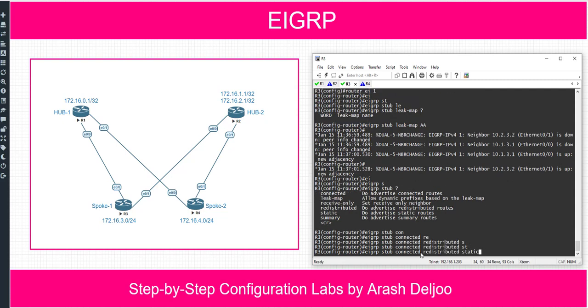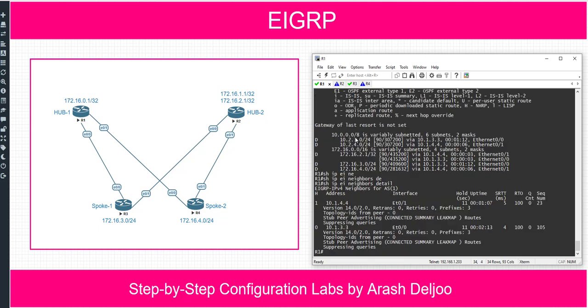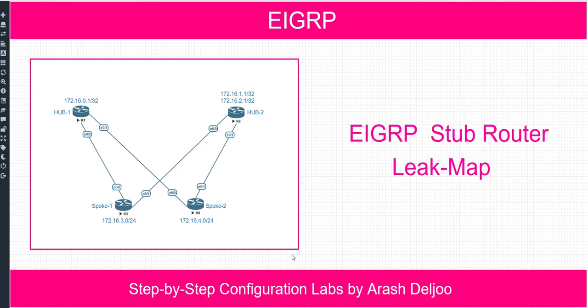Okay, it is possible. In router 1, let me also show you the neighborship table, show ip eigrp neighbor detail. Here, as you can see, now we have a stub peer advertising connected and summary. They are the default, with leak-map routes. Okay, that covers the EIGRP stub router feature, and we know all of the options available to us.